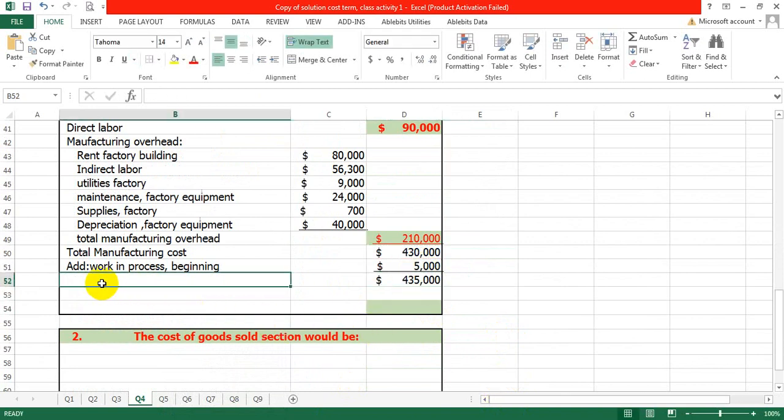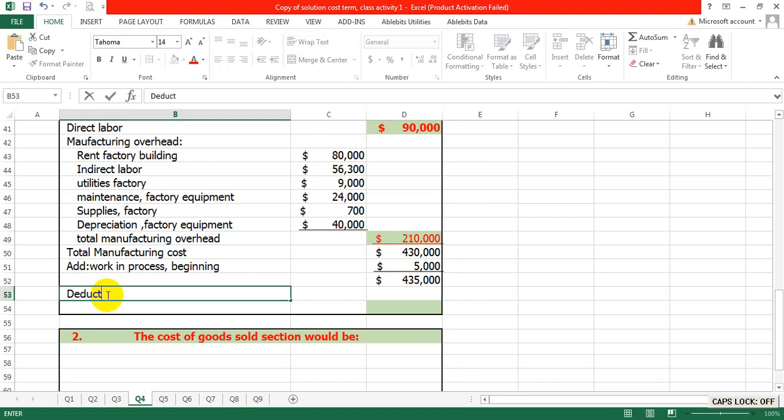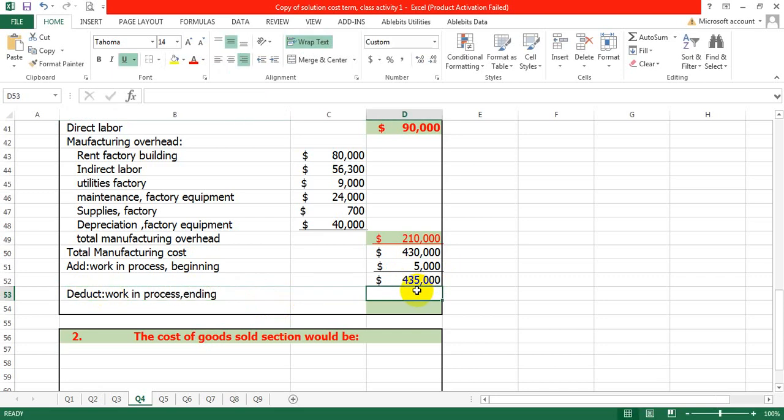Okay, what is the value of WIP ending? WIP ending is deducted. Work in process ending is 20,000.